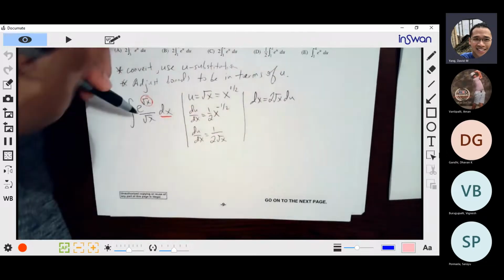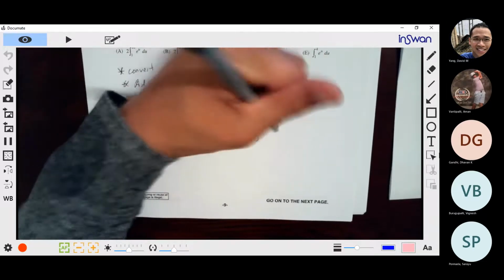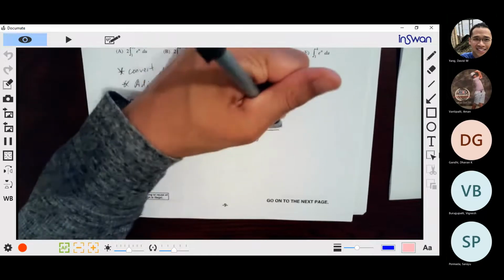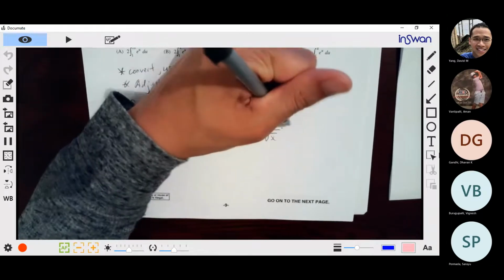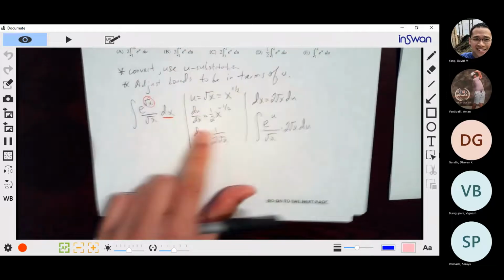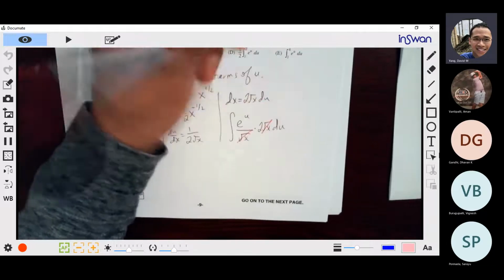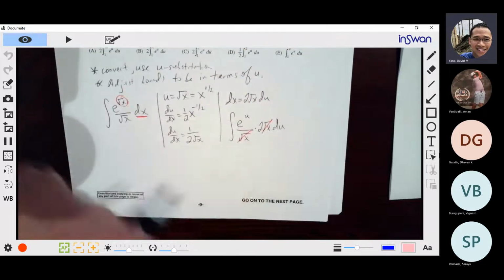Make my substitutions. Okay, the root x goes away, just like what we wanted to happen. But there is a leftover coefficient of 2 we have to keep track of.